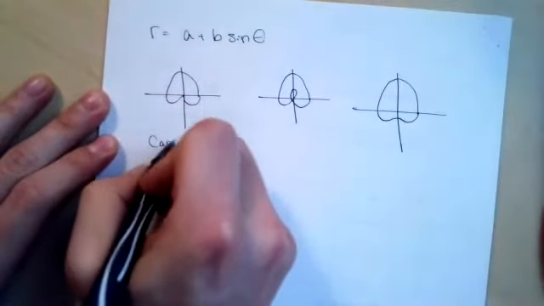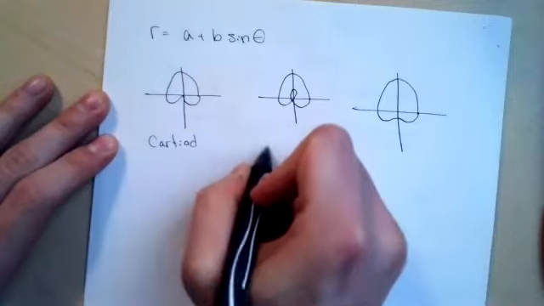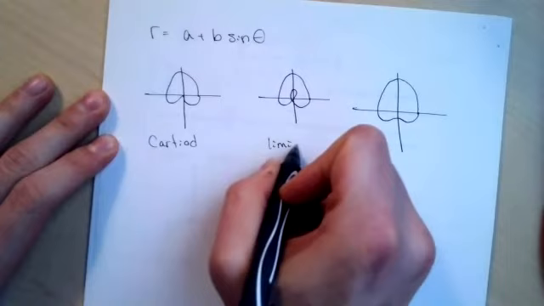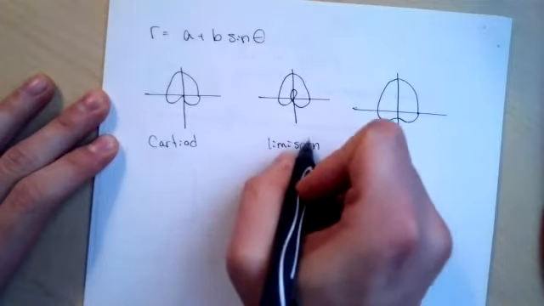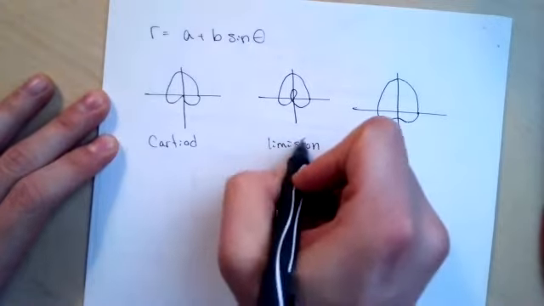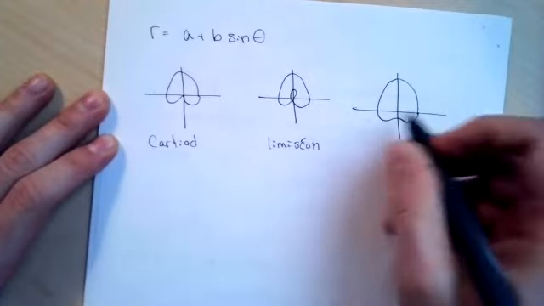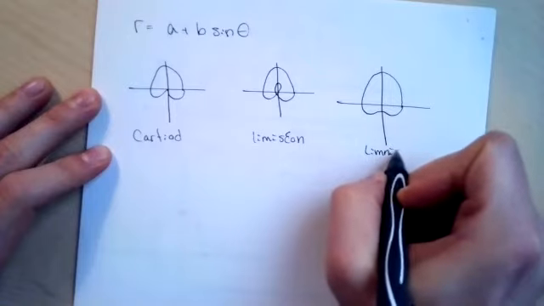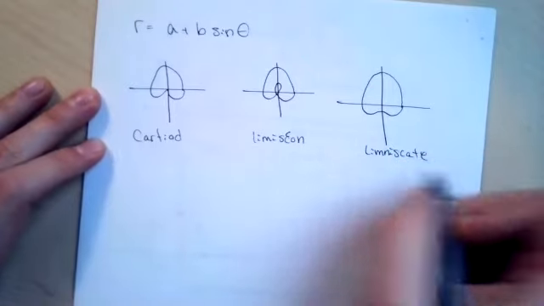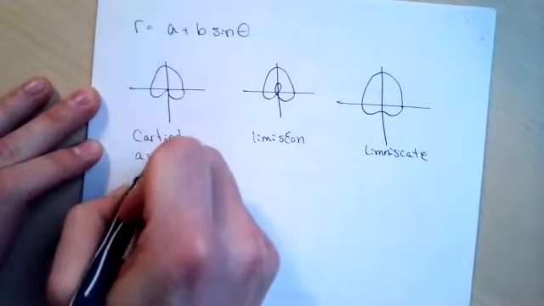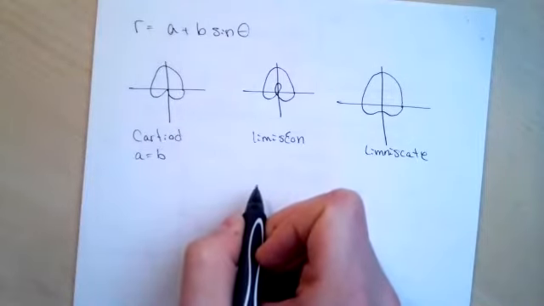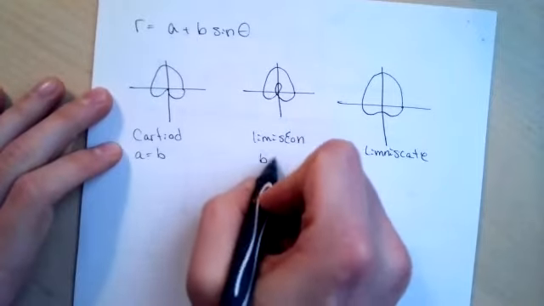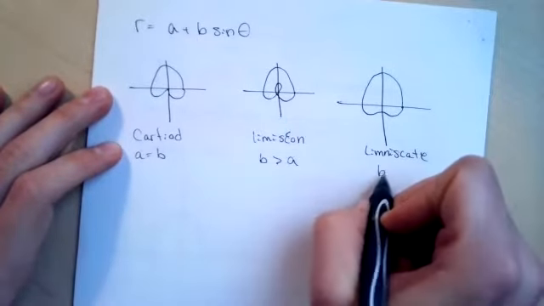This is our cardioid. This is the limaçon. I don't know how to spell it, I think there's a weird little accent somewhere, like the weird c. And this, I think, is a lemniscate. So this should be a equal to b. This one, I think, is b bigger than a. And this one is b less than a.